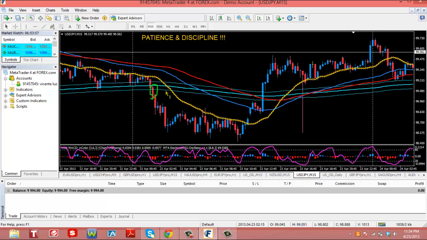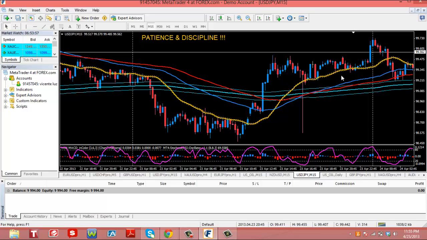You can see how the 21, for a short trade, has to be below the 55 and 89. We had a nice trade there, then a pullback gave you another Moe, and another pullback gave you another Moe. Then you got another breakout Moe to the upside, and then several Moes to the upside.